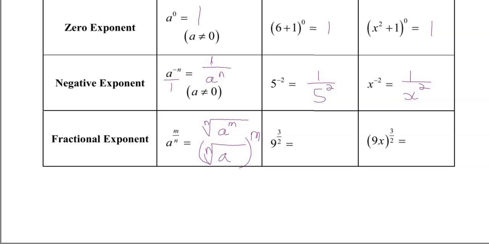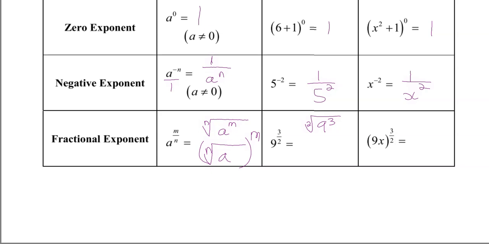Just go like this, 9 to the power of 3 halves. But if we're doing this, we can write this as the square root, because that's a 2, of 9 cubed. Okay, I'm going to put a 2 there, but you don't normally put the 2 there, right? Just to remind you, square root. So you got to cube the 9, right? 9 times 9 is 81, times 9 is 729. And then you want the square root of 729.